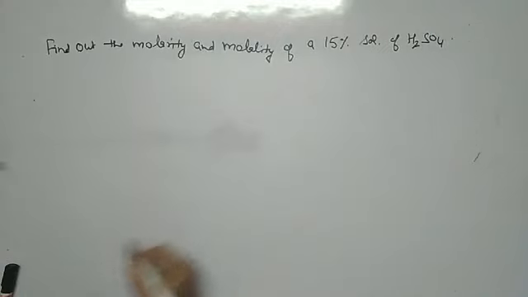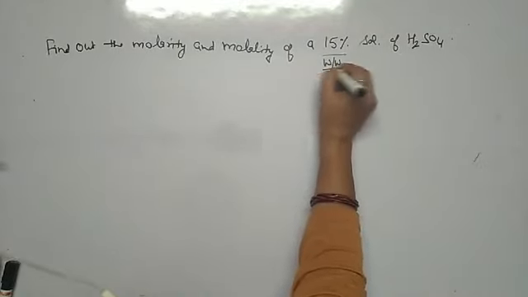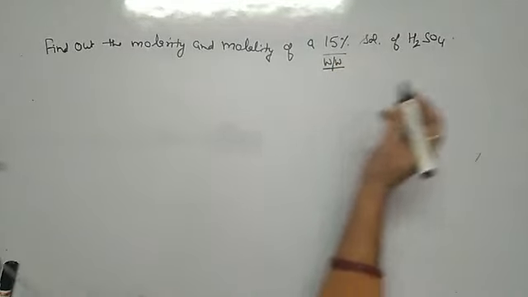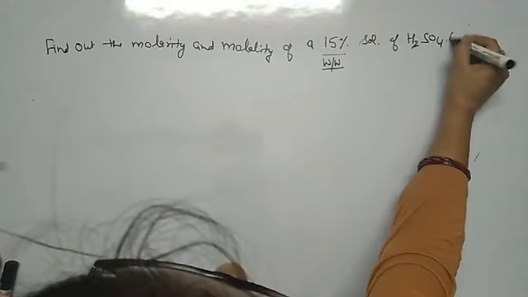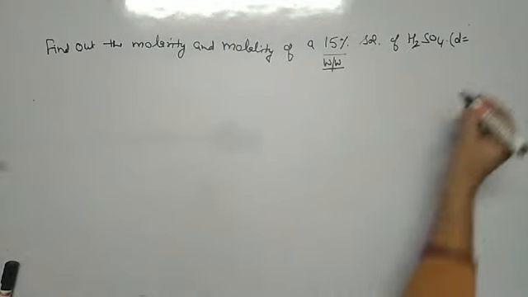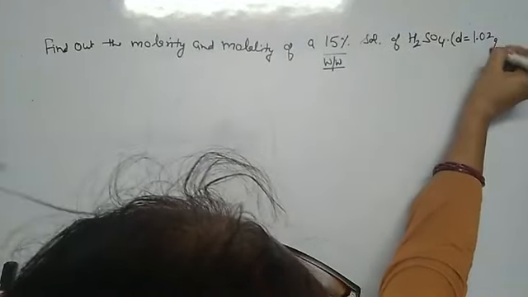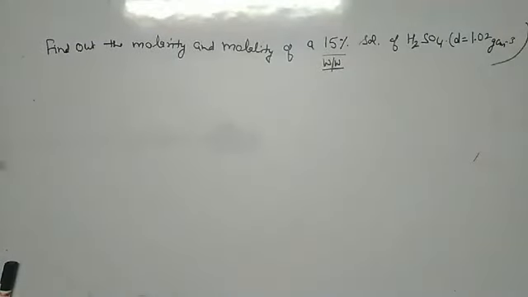It means 15% sulfuric acid. 15% means mass by mass, provided density is equal to 1.0 gram per centimeter cube. Is it clear?